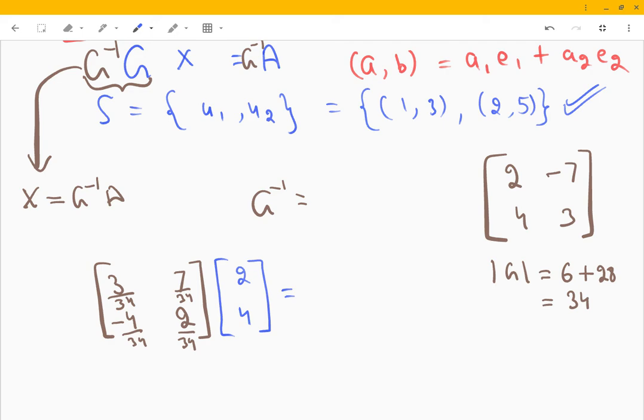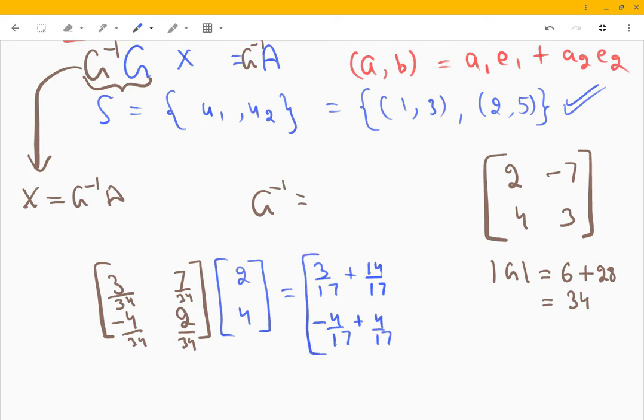So 3 over 17 plus 14 over 17, nice. Then negative 4 over 17 plus 4 over 17.